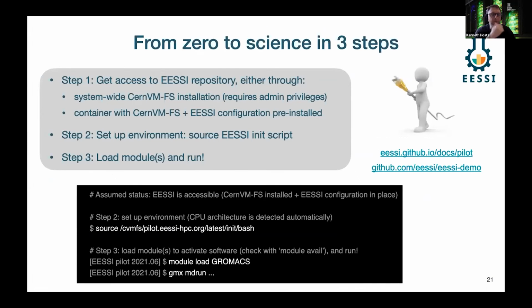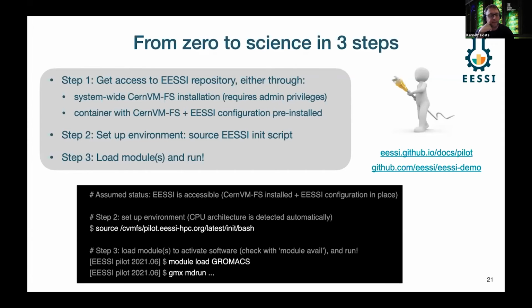So how does EASY work? How do you get started? It's essentially 3 steps. The first part is to get access to the EASY repository. If you have admin privileges on your system, you can install CVMFS system-wide and install the EASY configuration file, and you're done. That's all you need to do to get access.